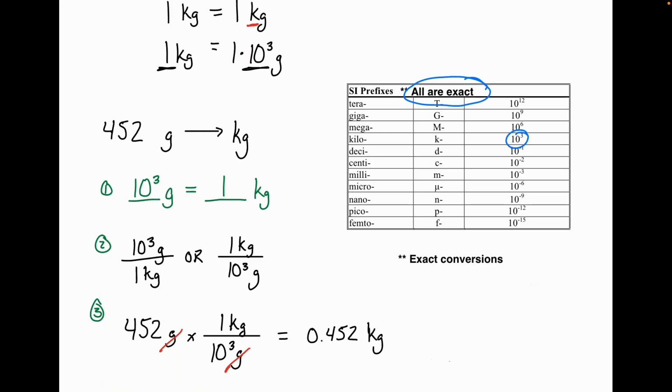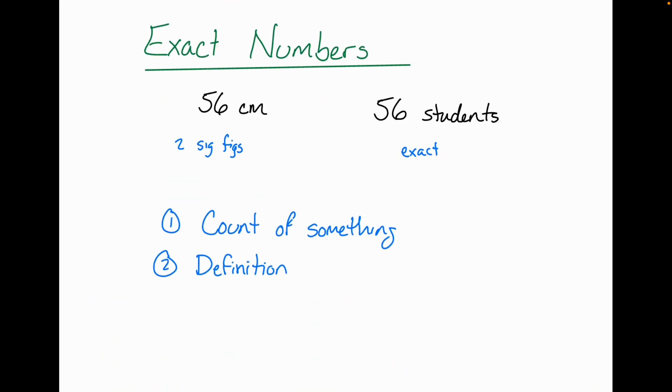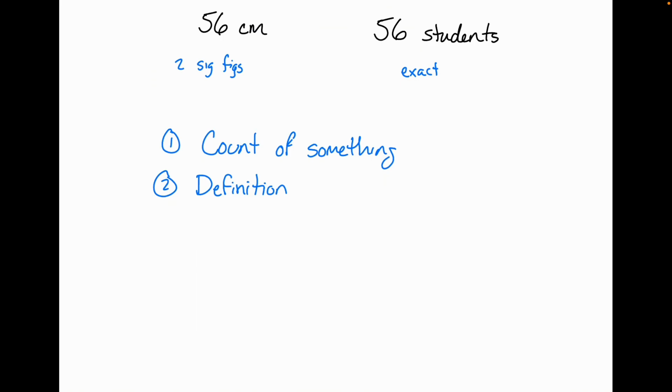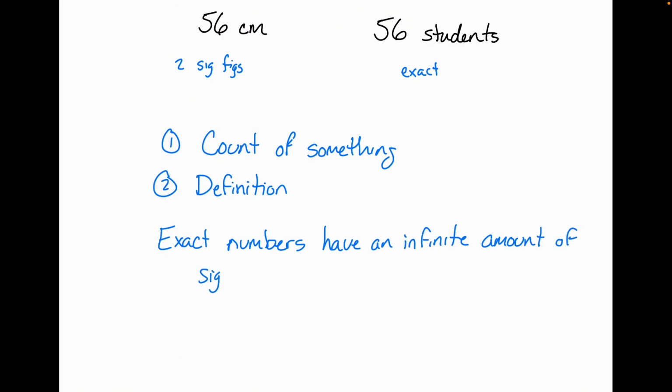So what does that mean in terms of sig figs? Strictly speaking, it means that exact numbers have an infinite amount of sig figs. Okay?